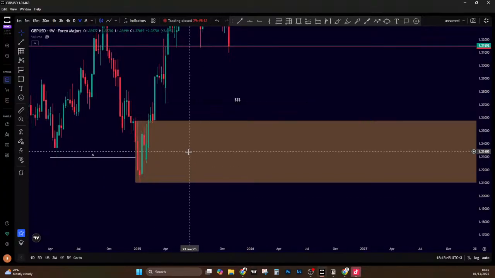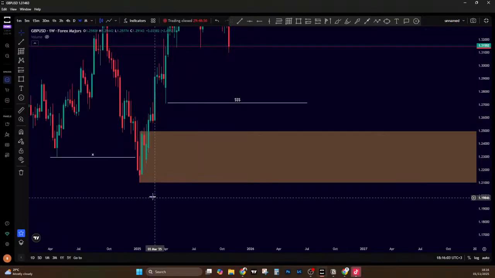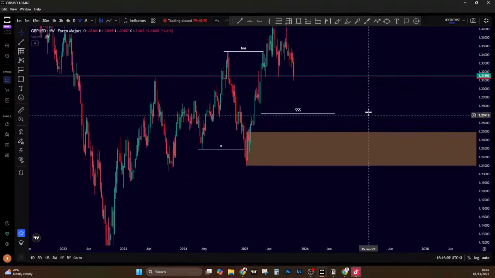So I wouldn't want to refine it to this area here. I would want to refine it to this. You see this, the last buy before this candle here, I would want to refine it to that area there. Okay, so I don't want to refine it to this area because I don't think it will work for me.